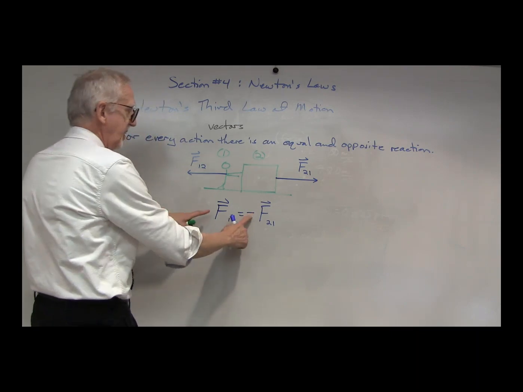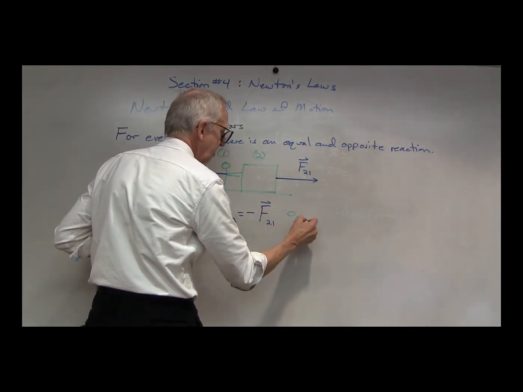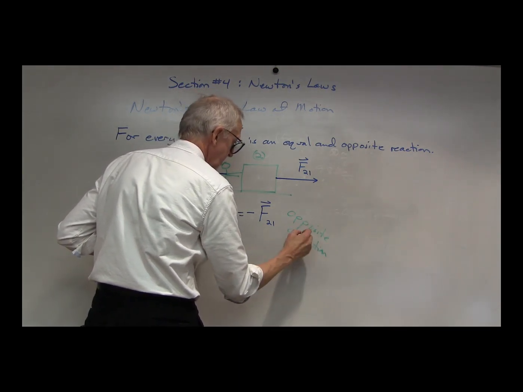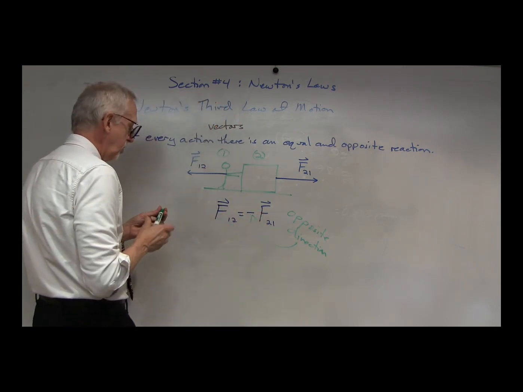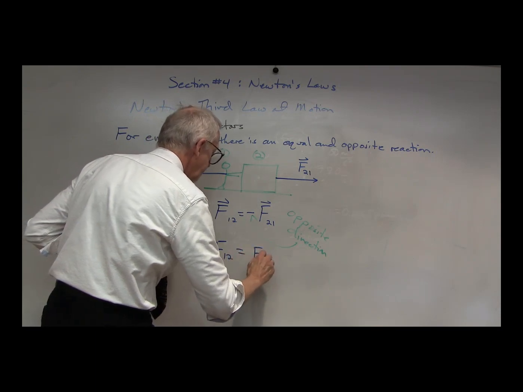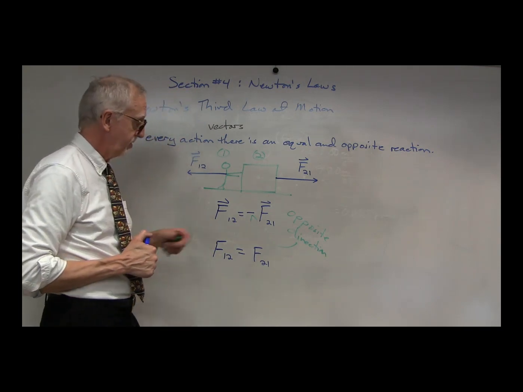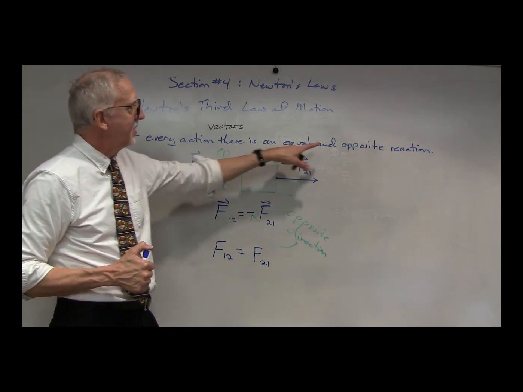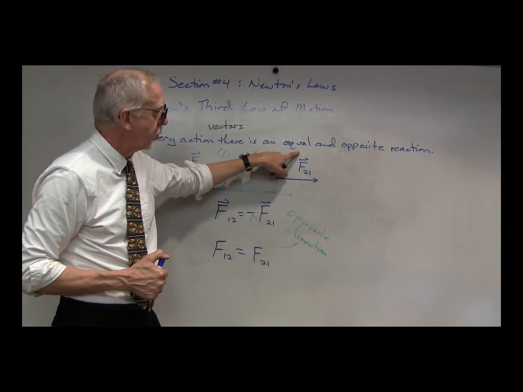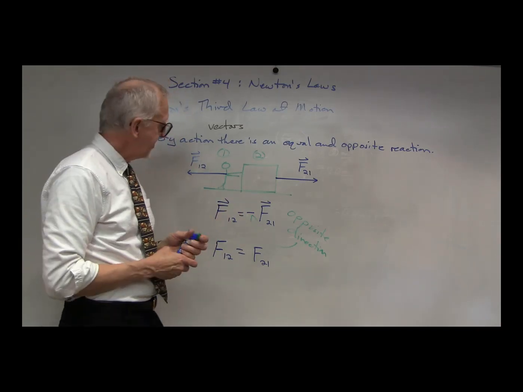So what this is saying is that the negative sign tells us opposite direction, but also we know that F12 must equal F21 without the vector sign, because that tells us equal in magnitude. So the negative sign is the opposite part, and equal in magnitude, that's the equal part. Equal and opposite, equal in magnitude, opposite in direction. All right, that's very, very good.